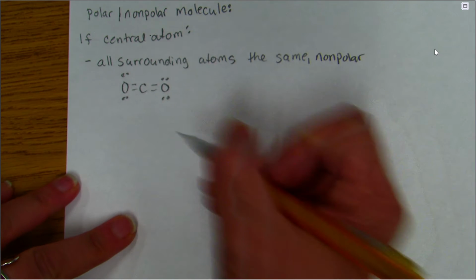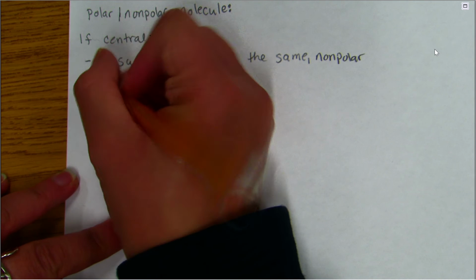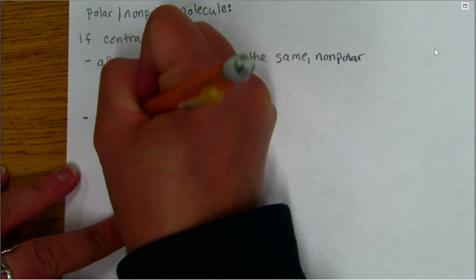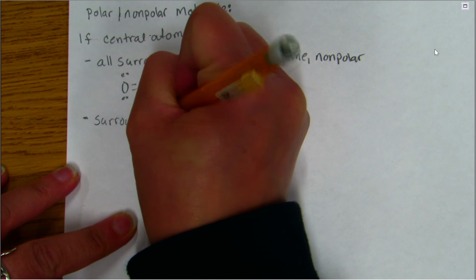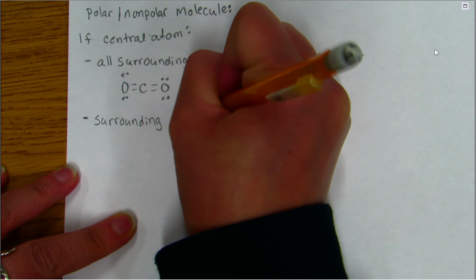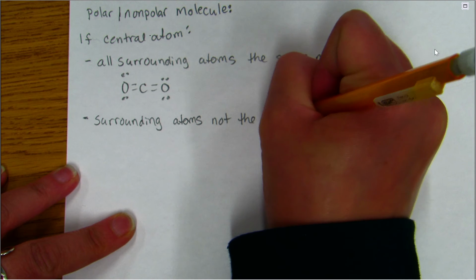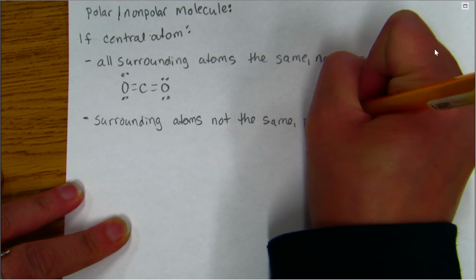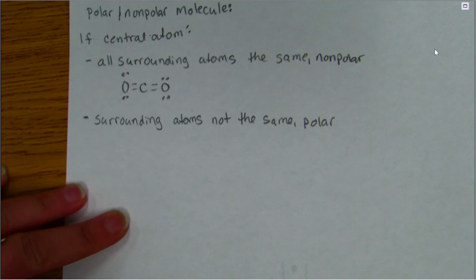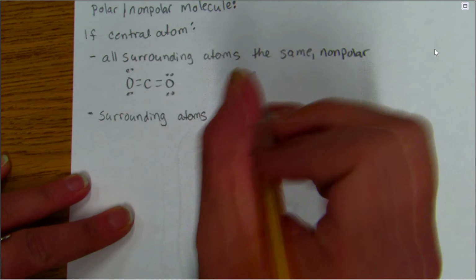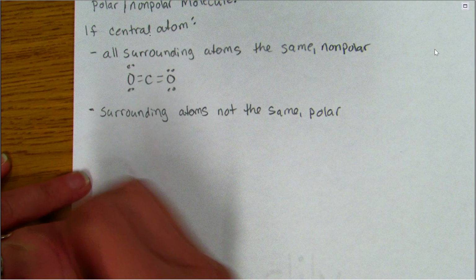If surrounding atoms are not the same, we say it is polar. The bond itself is polar, or not the bond itself, I'm sorry, the molecule itself is polar.